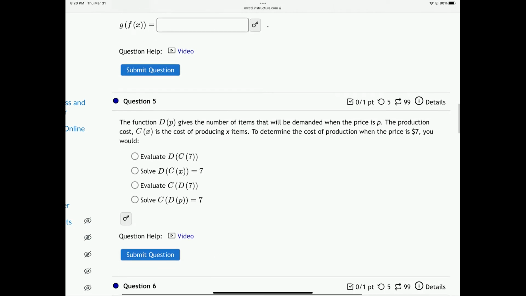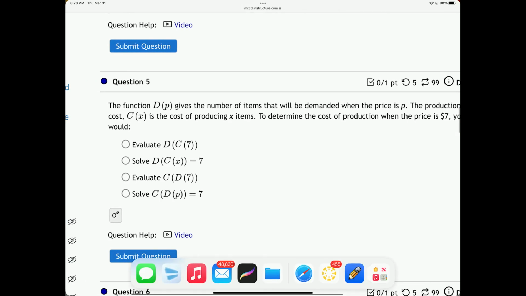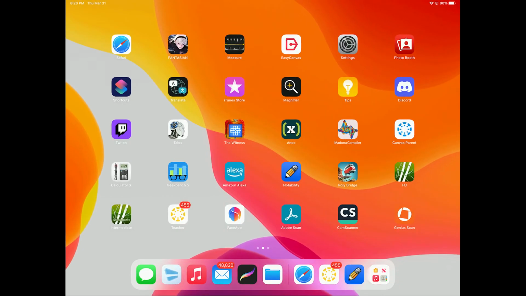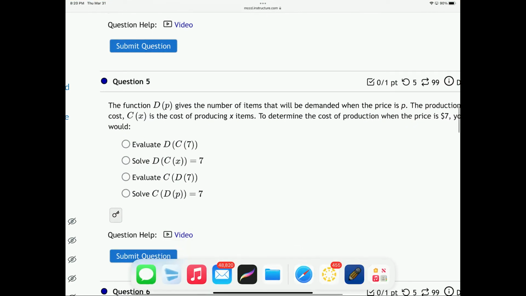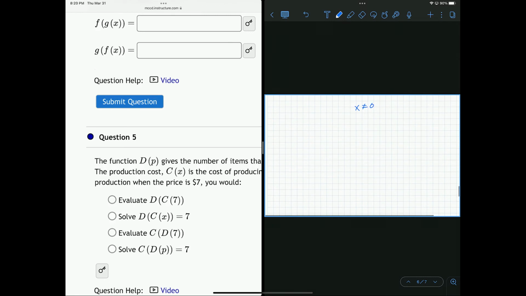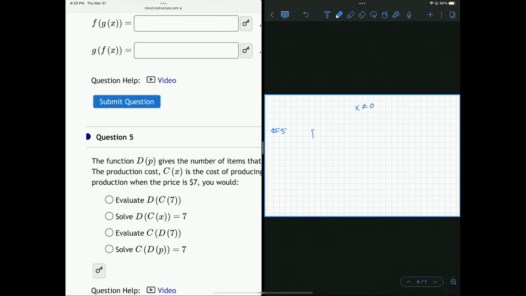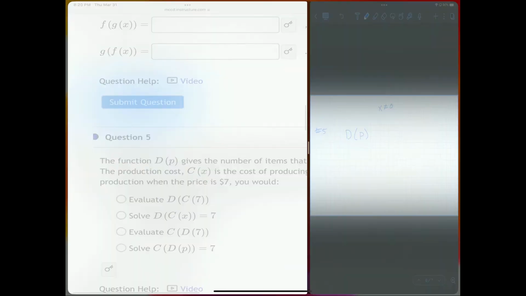These are just kind of keeping track of symbols. We can look at them. Sorry, I'm trying to use a computer or an iPad actually. So this is number 5 here. We have a function called d of p, and those variables mean something.